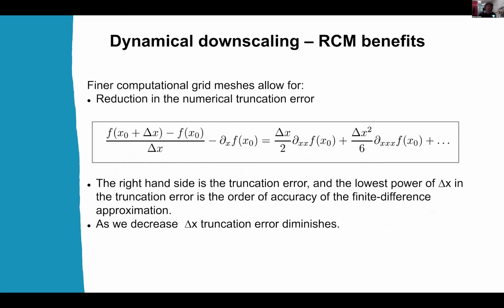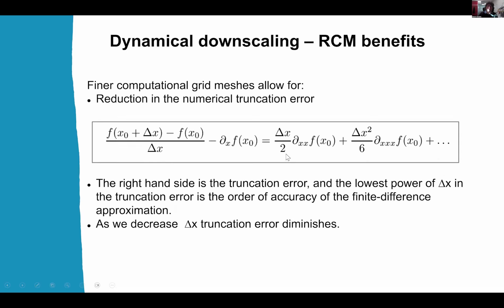So a little bit more about that. First, we get the decrease in our error associated with the finite difference equation, often known as truncation error. Here's the mathematical formula to show this. The right-hand side is our truncation error, and it involves higher and higher orders of our grid spacing.